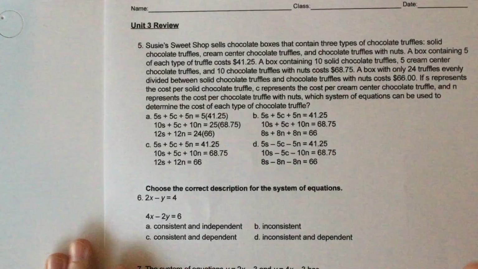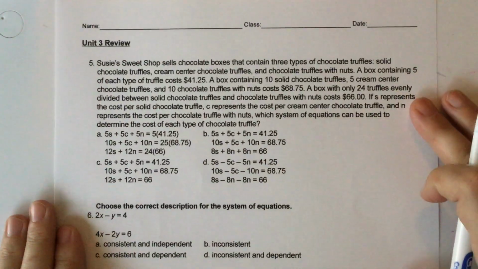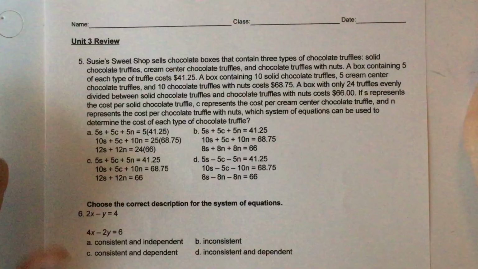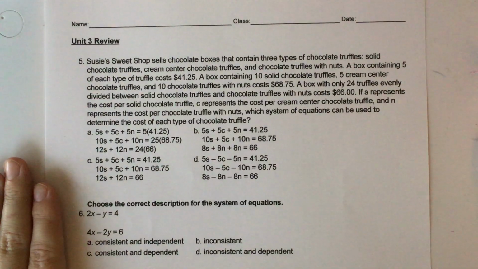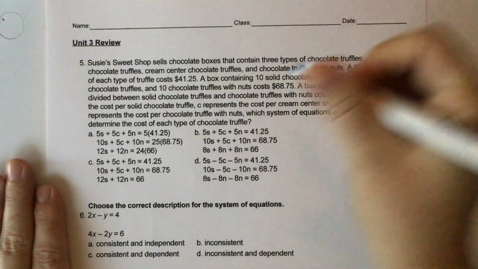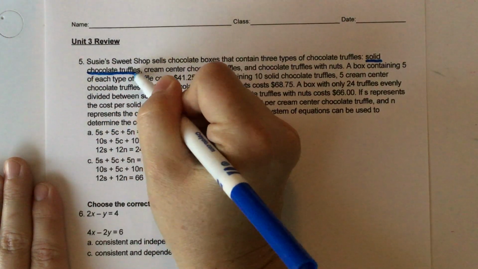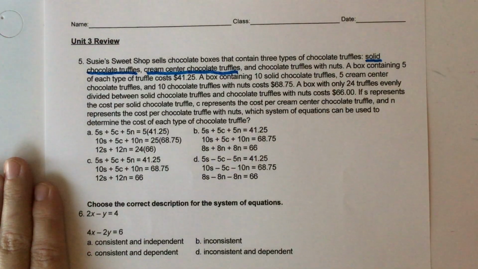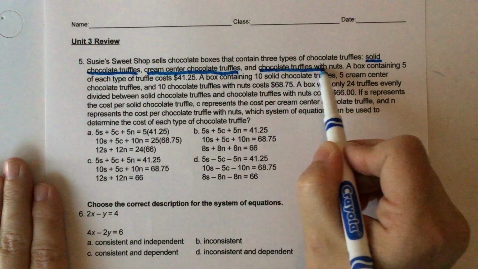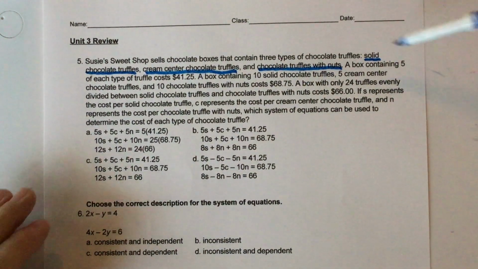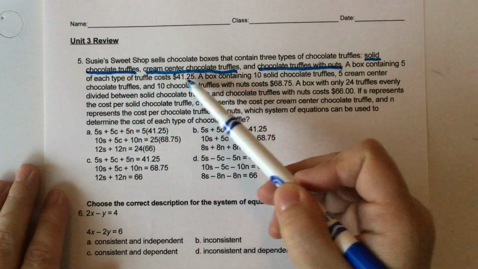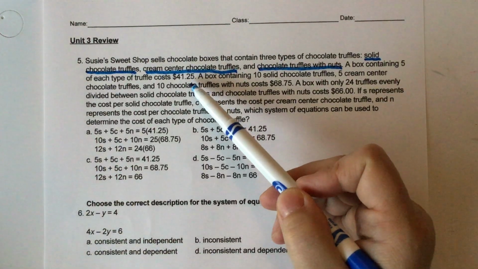Okay, next up. This is a big one. Susie's Sweet Shop sells chocolate boxes that contain 3 types of chocolate truffles. They've got solid chocolate truffles, cream center chocolate truffles, and chocolate truffles with nuts. A box containing 5 of each type of truffle costs $41.25.